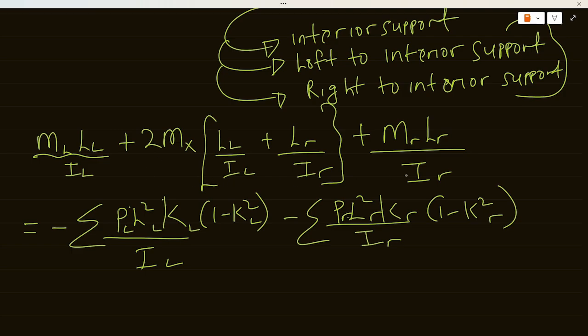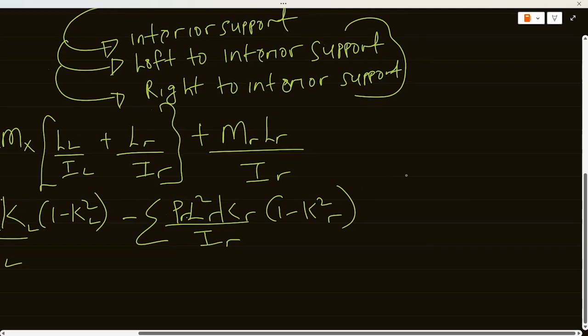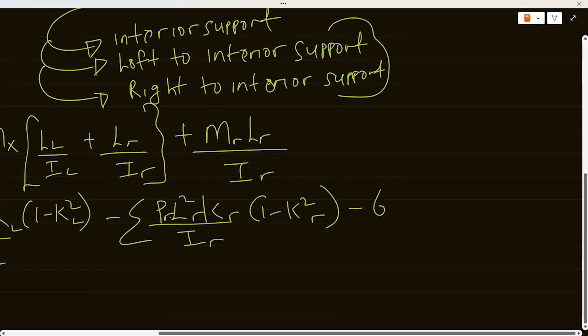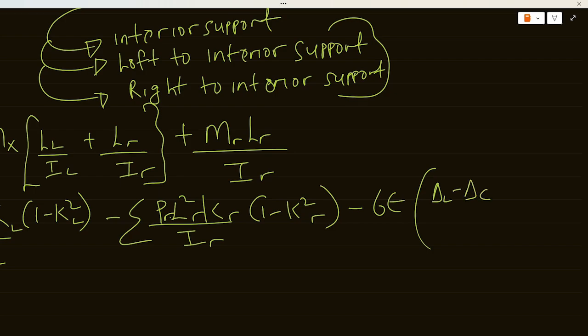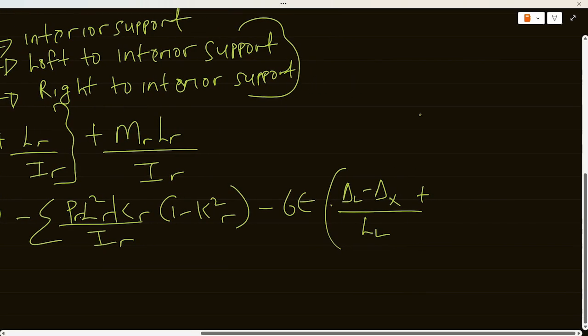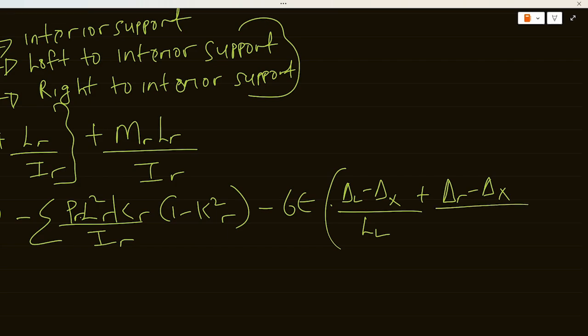One last thing, minus 6E, delta L minus delta X over L_L, plus delta R minus delta X over L_R.